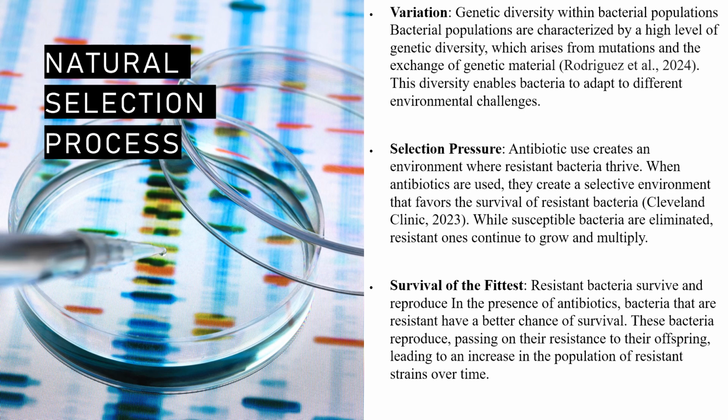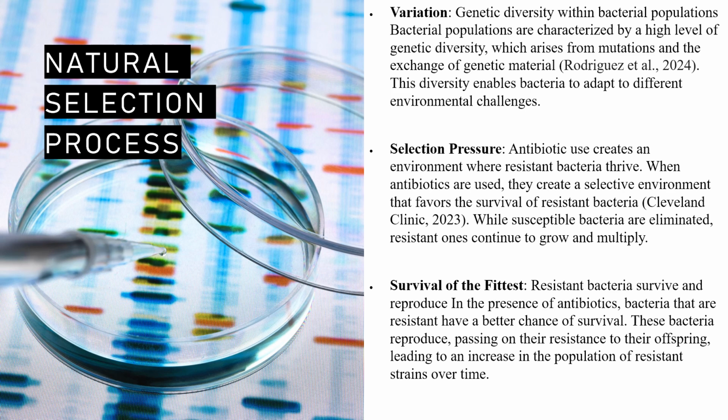Selective pressure. Antibiotic use creates an environment where resistant bacteria are able to thrive, not just survive. When antibiotics are used, they create a selective environment that favors the survival of the resistant bacteria. While susceptible bacteria are eliminated, the resistant bacteria are able to multiply and continue to grow.